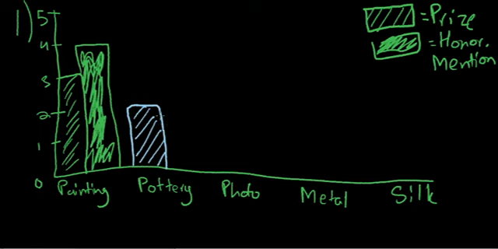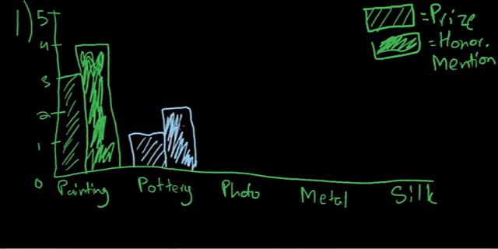And how many? Oh, no, my bad. There's 1 prize ribbon for pottery, and 2 honorable mention ribbons. So shaded in. This first question is just going to take a lot of time drawing this out.